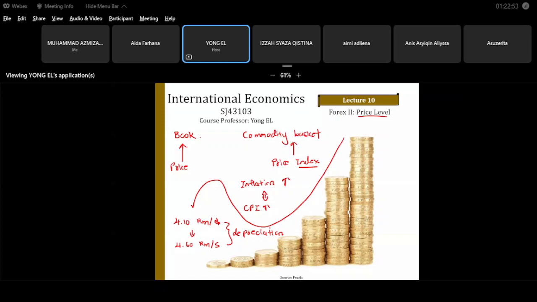If someone from the banks, central banks, financial institutions or any company asks you why inflation is followed by a depreciation of the currency value of your money, I believe you can answer.